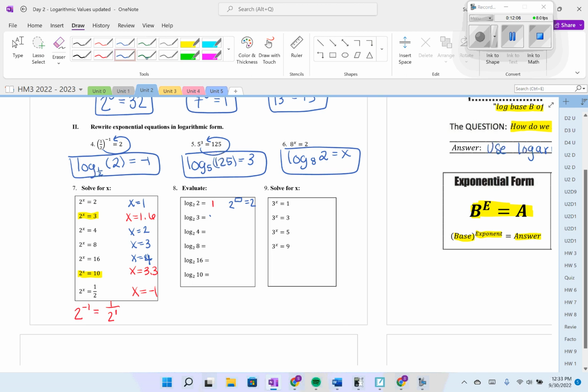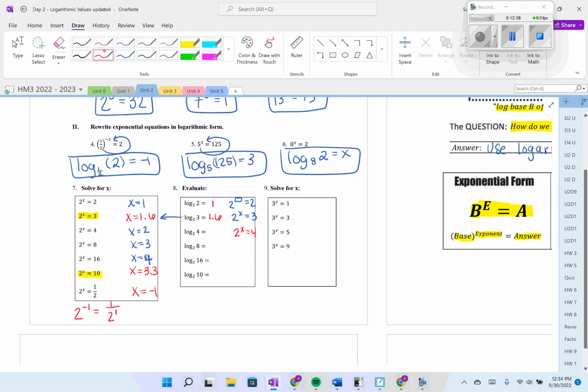Same thing with the next one. We would say, because we're trying to solve for x, 2 to what power equals 3? Well, we just said in the last problem over here that it's 1.6. So then 2 to what power equals 4?